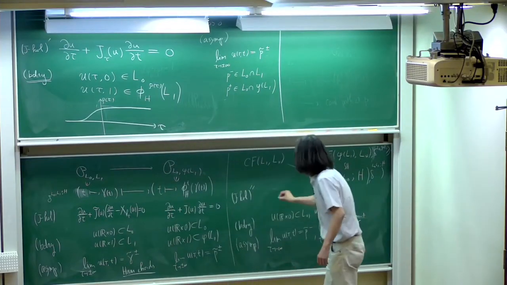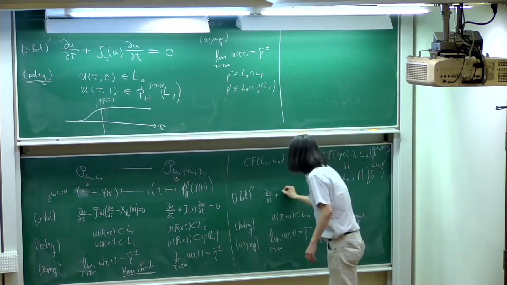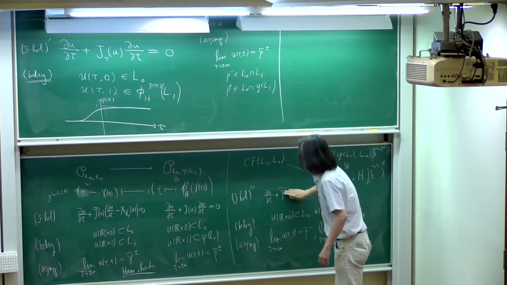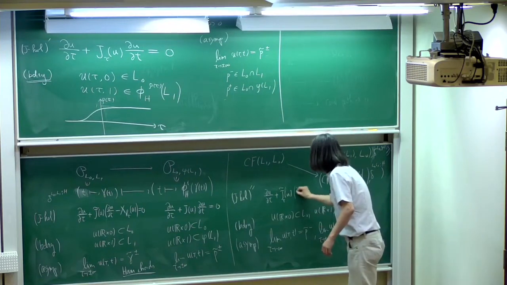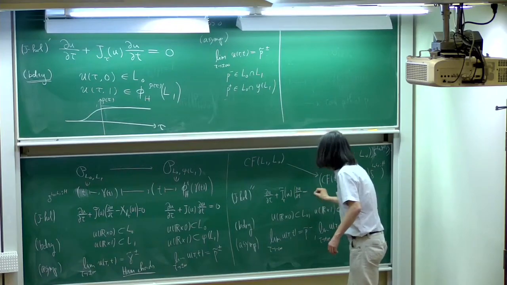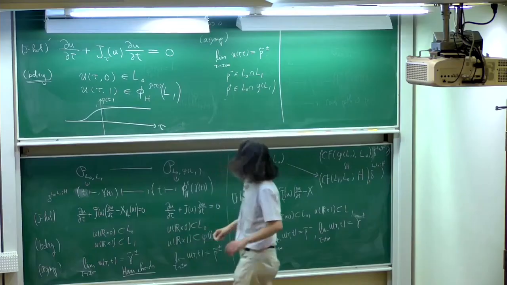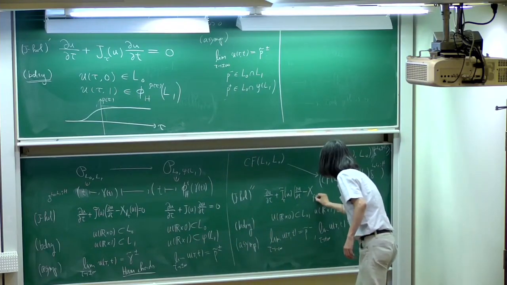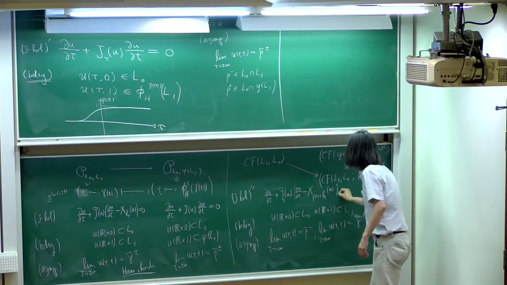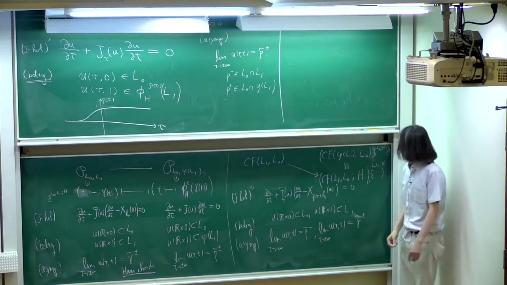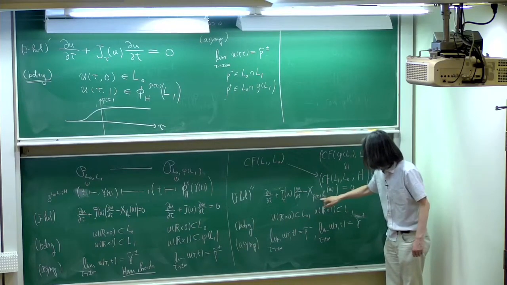Therefore, we have to consider an equation like du/d tau plus some J tilde of u, which maybe depends on tau, and here I have du/dt minus X. And then I also use this function rho and multiply with H_t, and then take u. And this is equal to 0. Something like this. So this is actually the Hamiltonian vector field of X of rho(tau) times H_t.